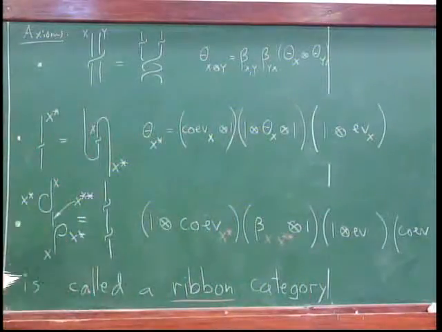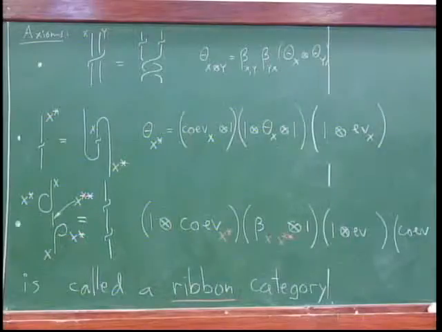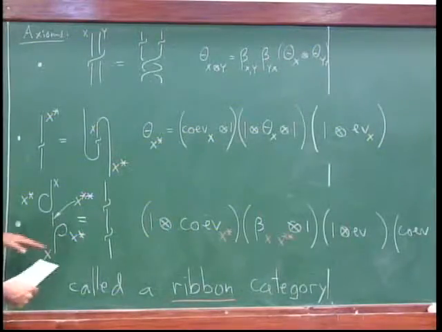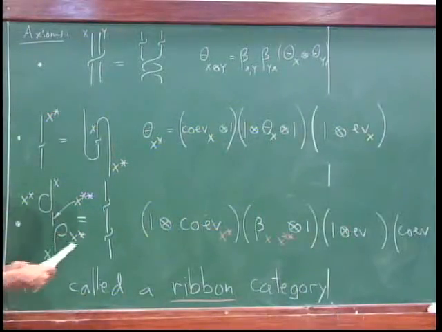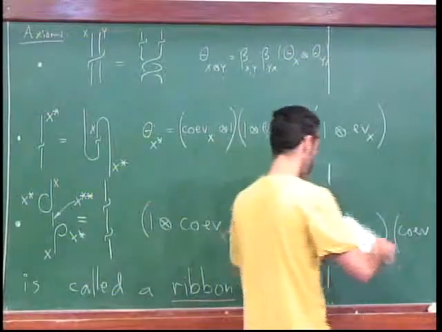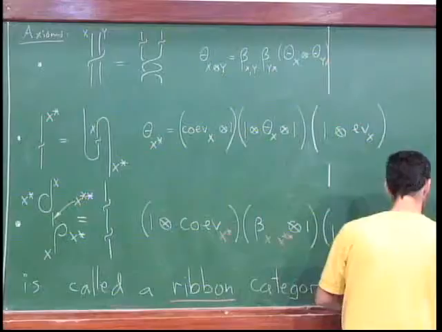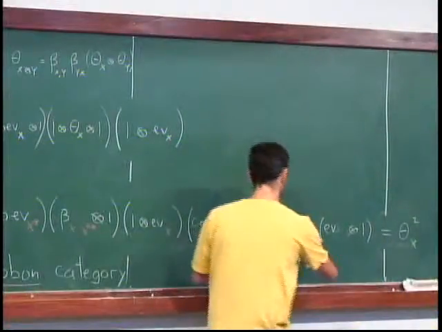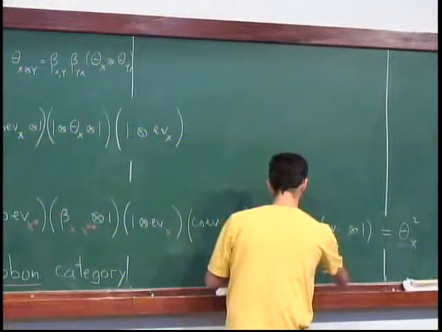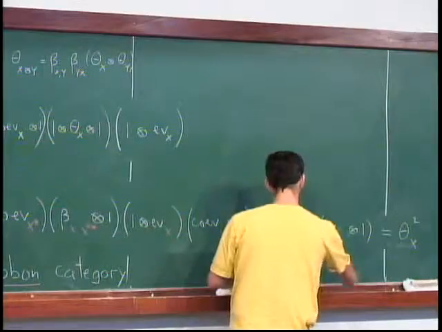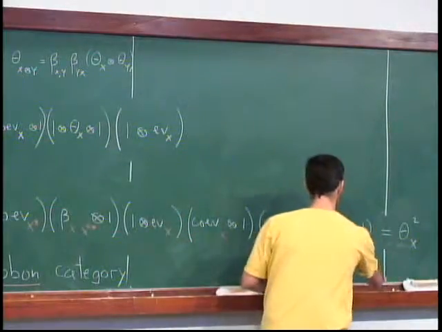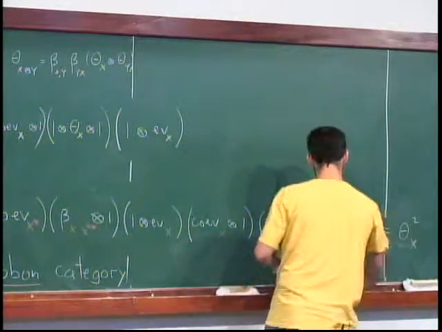Let's see if I'm being consistent. Yes. Here we have the evaluation of x. Here we have the co-evaluation of x. Here we have the braiding of x and x double star. And here the evaluation of x star.